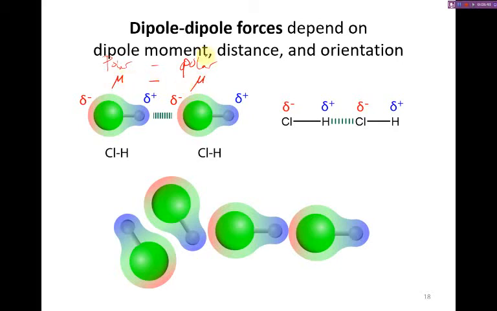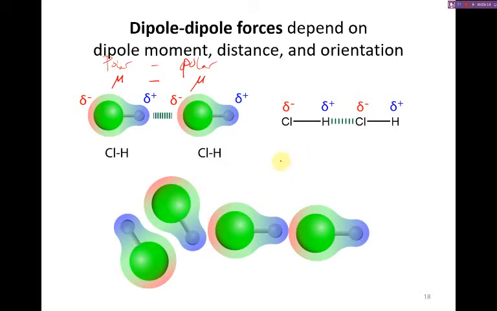In all of these instances, the names ion-dipole, ion-ion, dipole-dipole are just telling us about the identity of the molecules or compounds that are interacting. It depends on the strength of that dipole moment. The more polar a given molecule is, the stronger the dipole-dipole force will be. It depends on how far apart they are from each other, but then also on the orientation.